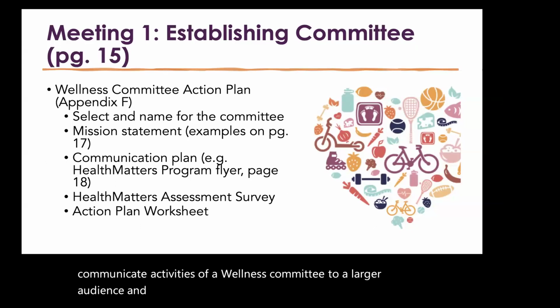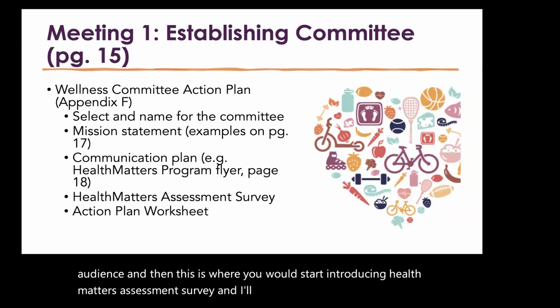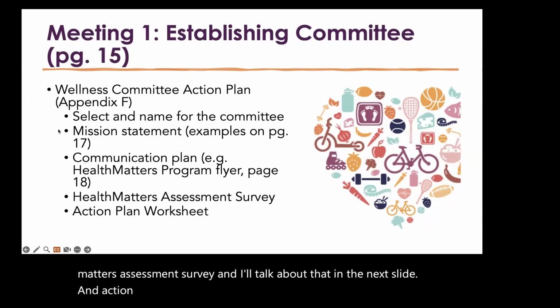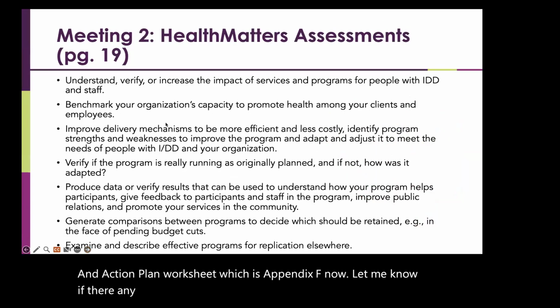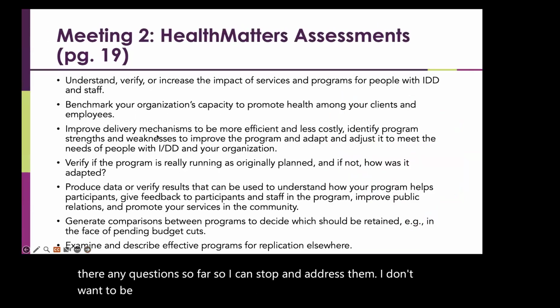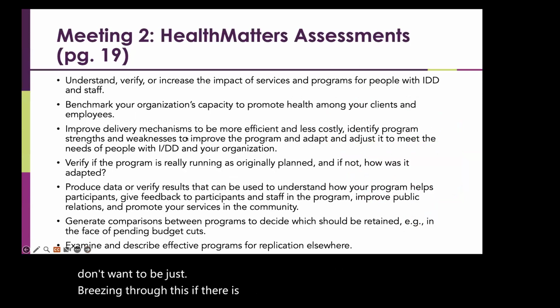And then this is where you would start introducing the Health Matters assessment survey, and I'll talk about that in the next slides, and the action plan worksheet, which is Appendix F. Let me know if there are any questions so far, so I can stop and address them. I don't want to be just breezing through this if there is any confusion.